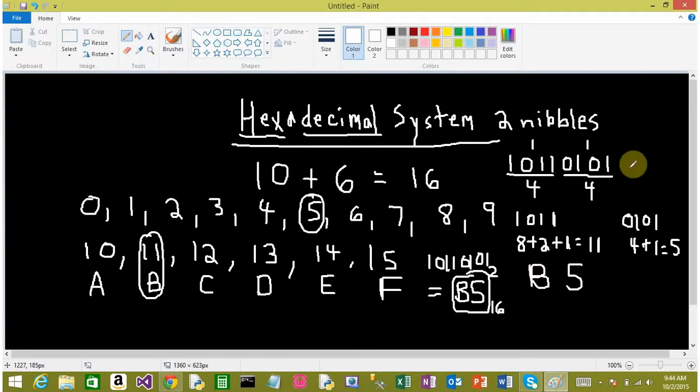Okay, so that gives us an idea how to convert from binary to decimal. Now, what if we wanted to convert a hexadecimal number into decimal? And so what we could do is we'll write over here.